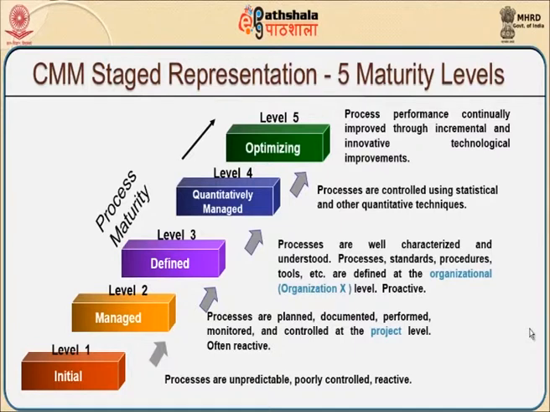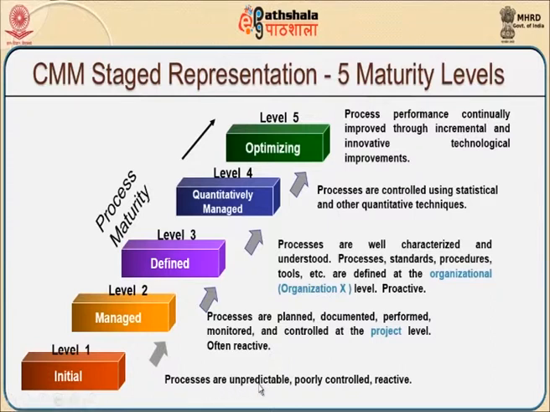As I have already mentioned, there are different levels associated with CMM, starting from level 1 to level 5. We will now look at what these levels indicate. Level 1 is initial, level 2 is managed, level 3 is defined, level 4 is quantitatively managed, and level 5 is optimizing. If an organization has a maturity level of 1, it indicates processes are unpredictable.